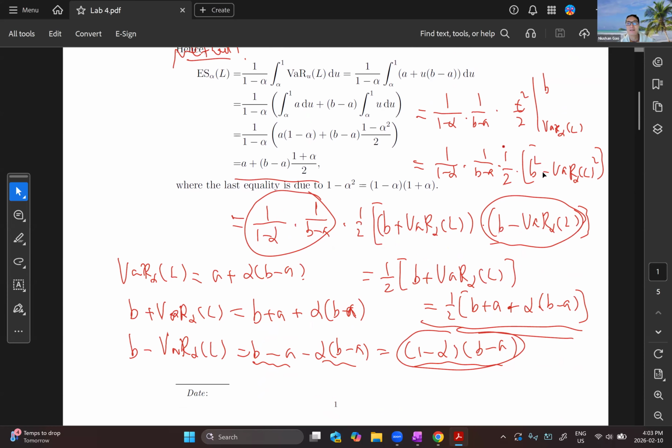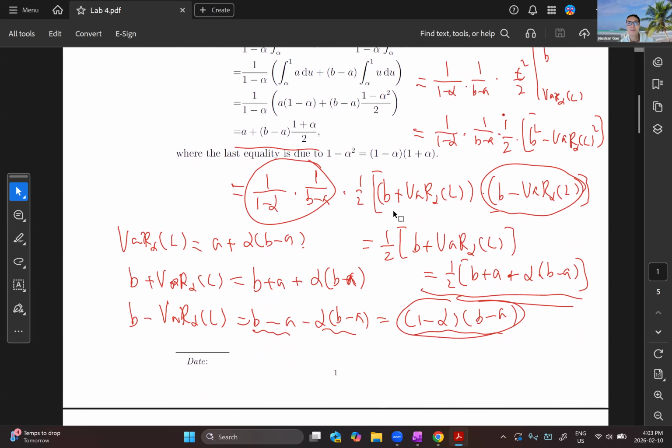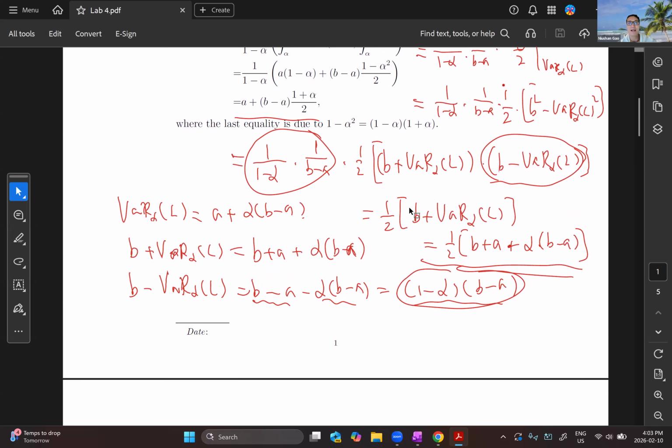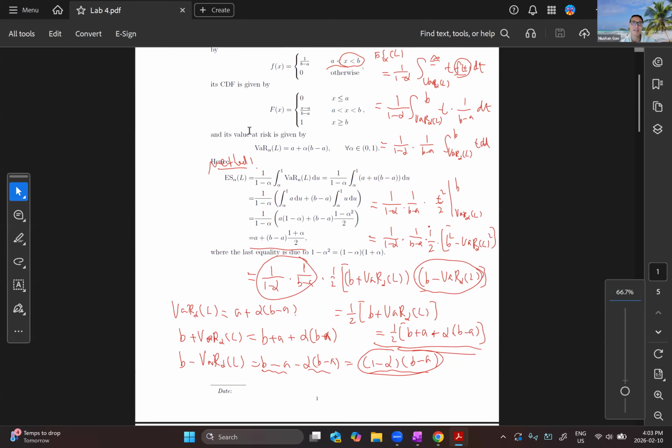You have a difference of squares. You use a difference of squares expansion. So 1 over 1 minus alpha times 1 over b minus a times a half times this guy. Now you simplify b plus value at risk, b minus value at risk. You simplify and get the answer as before.